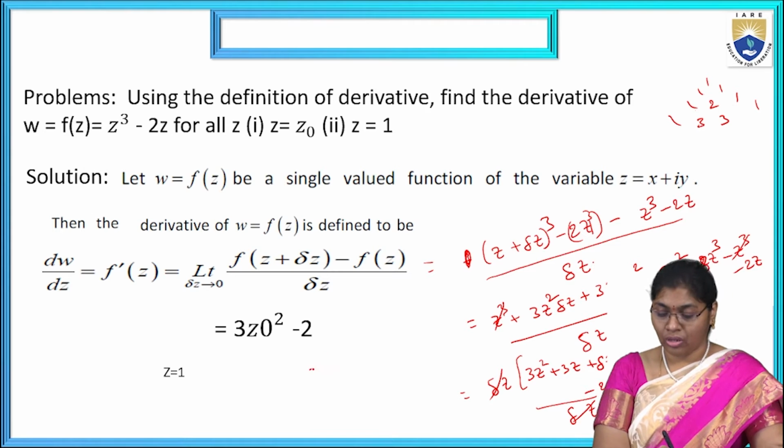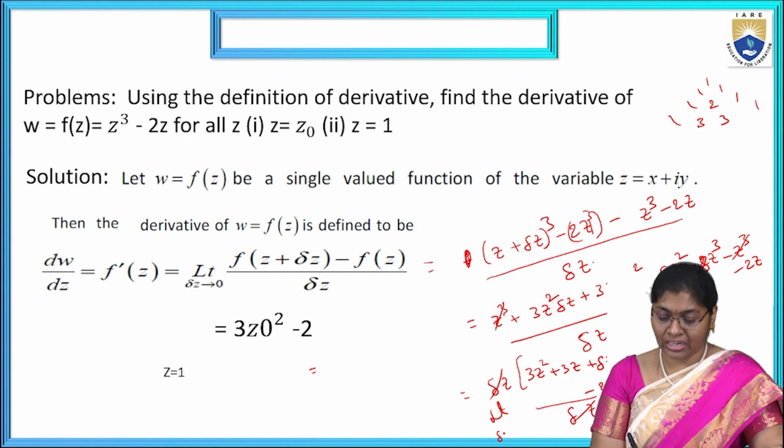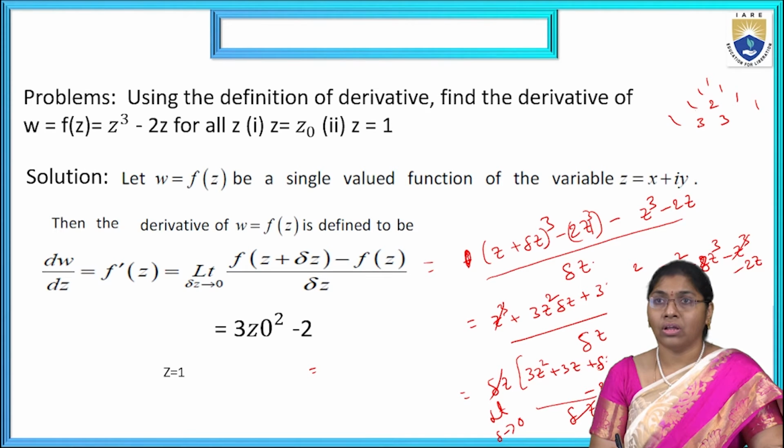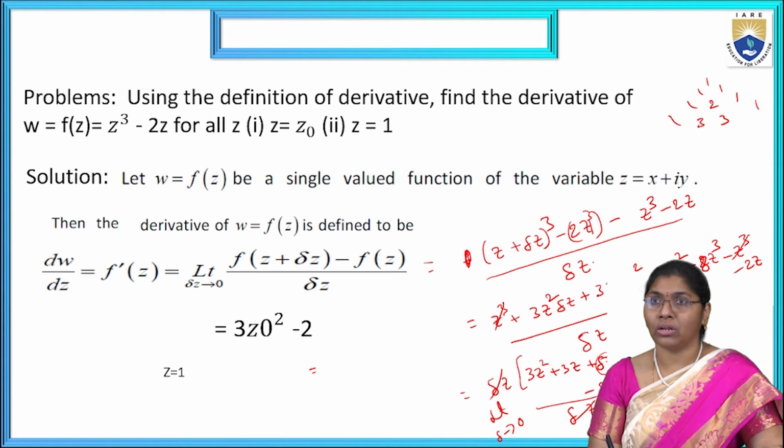Now simply applying delta Z tends to 0, here we get the 3Z square. Now here the delta Z terms are 0, and remaining is 3Z square minus 2.